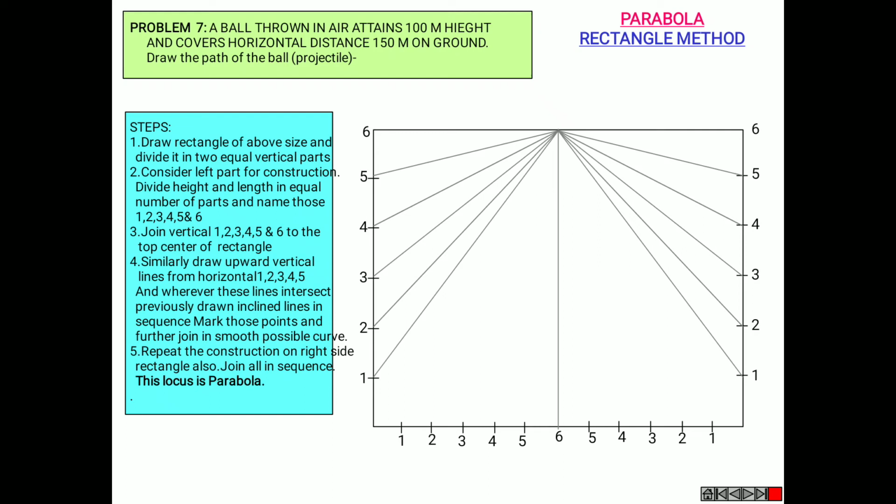Draw the vertical lines in order to intersect those inclined lines. So you need to extend from 1, 2, 3, 4, 5, 6 vertically in order to intersect those inclined lines, that is, from 1 to 1, 2 to 2, 3 to 3, 4 to 4, 5 to 5 and 6 to 6.